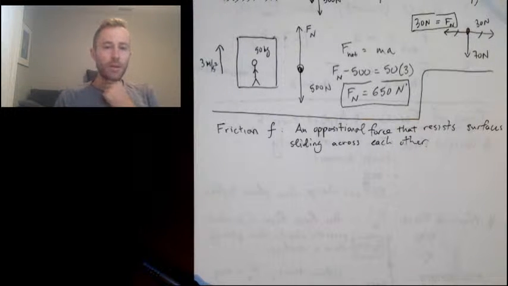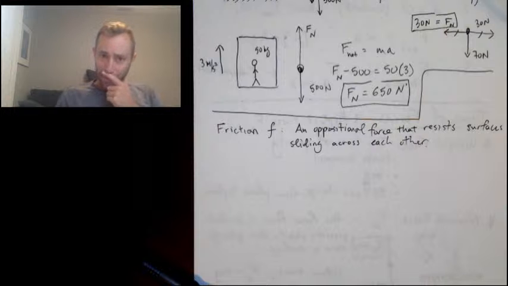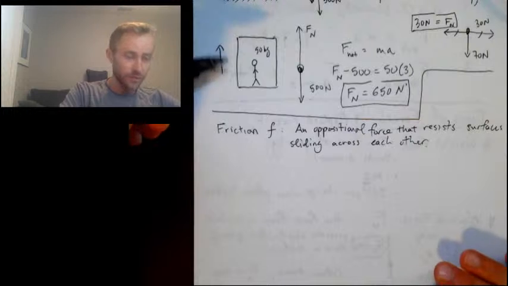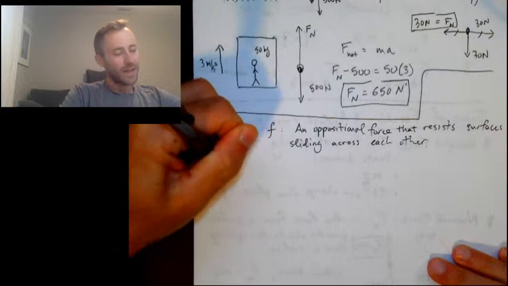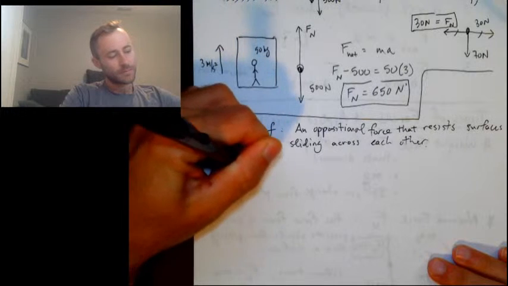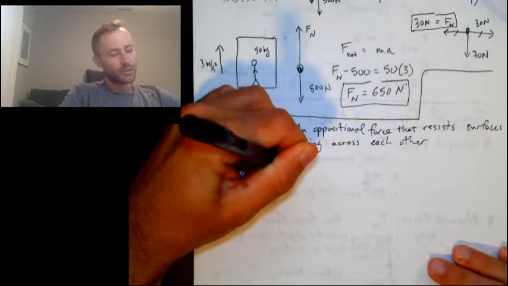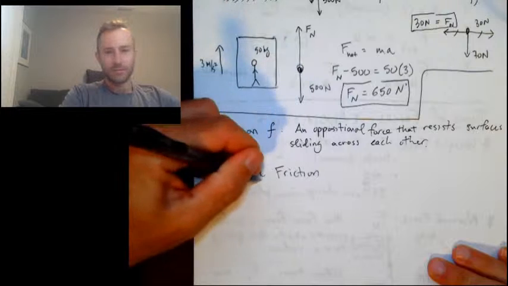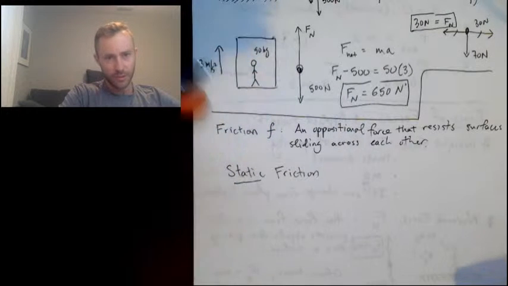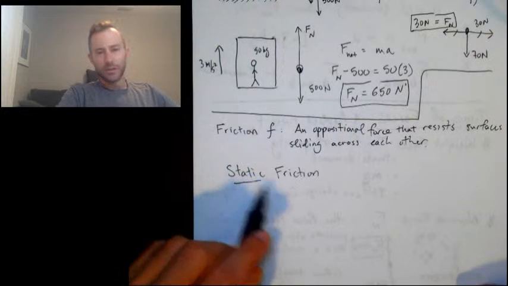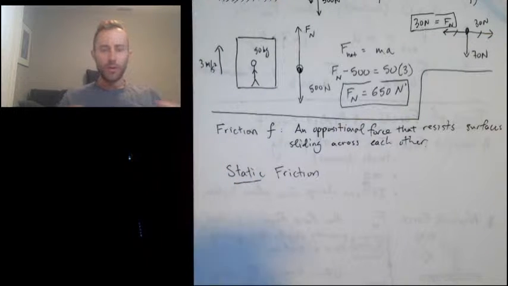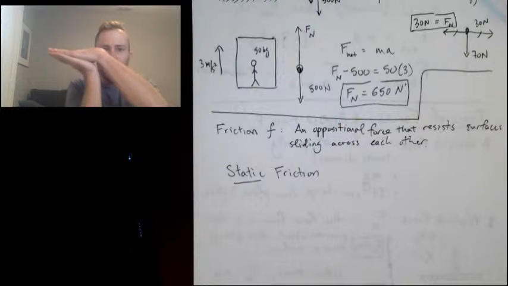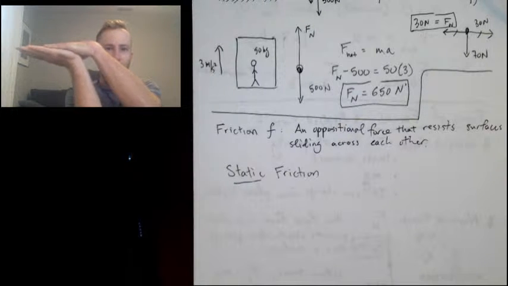Okay, now there are two types of friction that we want to consider in this class. One type of friction is called static friction. So static friction, static means unchanging, right? Static is unchanging. So static friction refers to friction when two objects are laying against each other, but they're not sliding across each other.